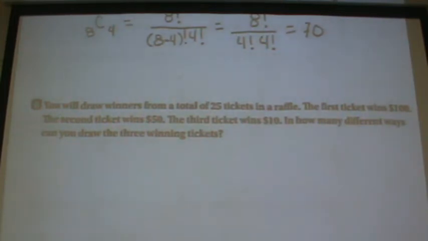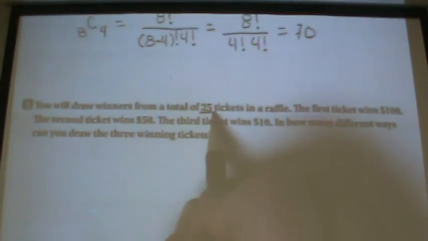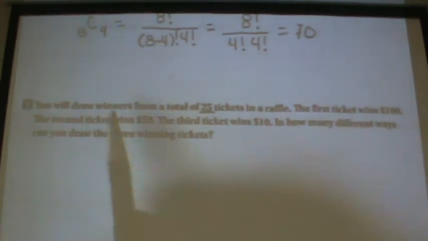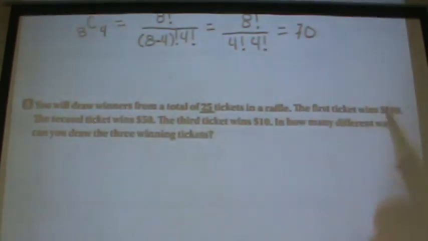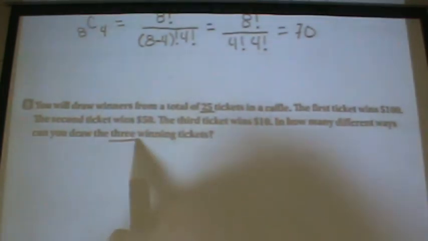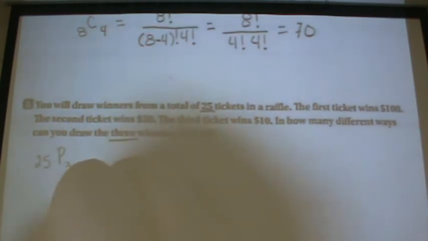So if order matters, what are we going to use? We're going to use a permutation. So our total set, we have 25 tickets, and we're picking first, second, and third. So we have 3 winning tickets that are being chosen. So we have 25P3.